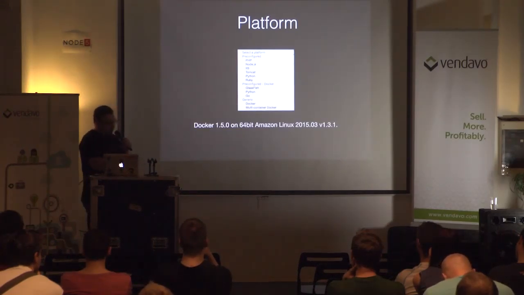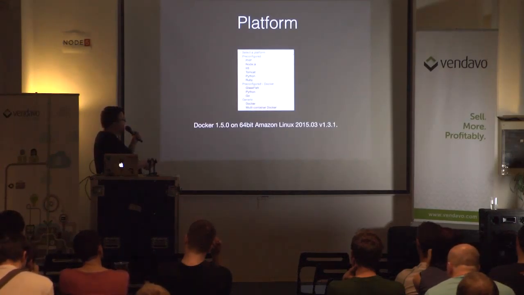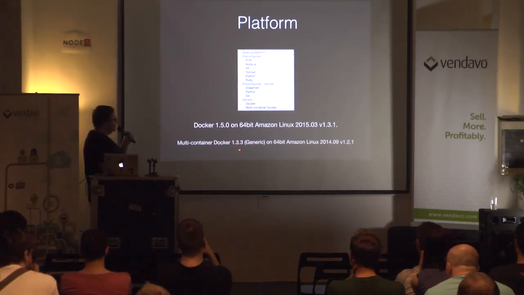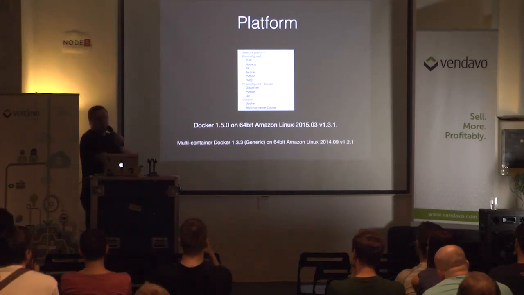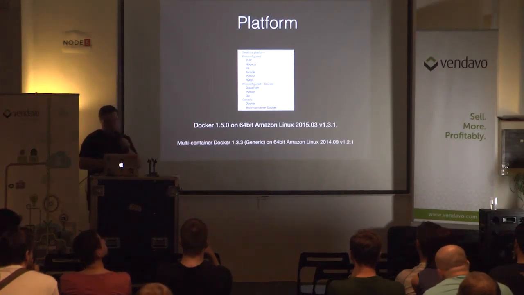And why I can't use multi-container Docker is that multi-container Docker has only version 1.3. That is some failure from Amazon. I don't know why it is only this old version, but it's quite problematic if you have to use old versions.